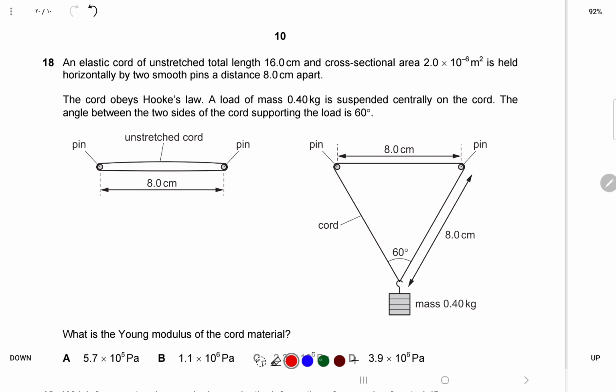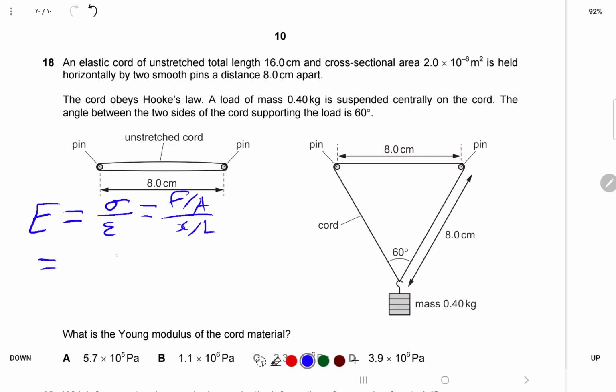What's Young's modulus? Now Young's modulus, according to the syllabus you studied, is sigma stress over epsilon strain, which means force over area divided by extension over original length.